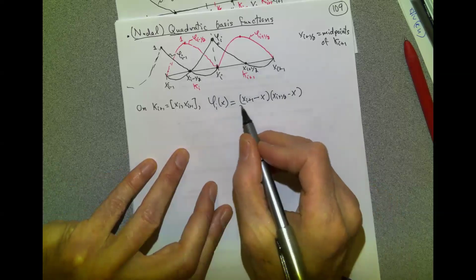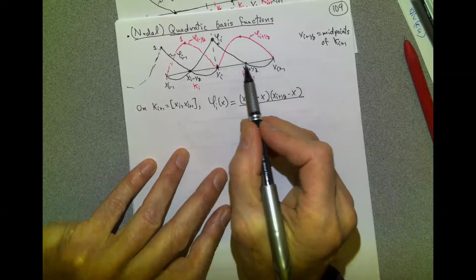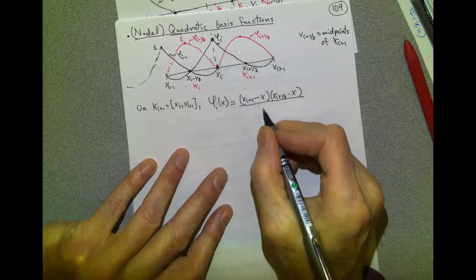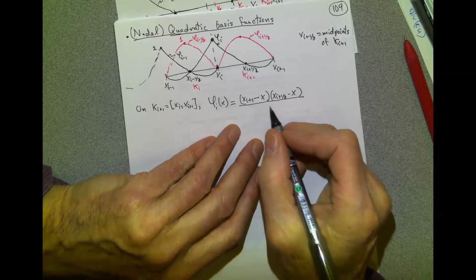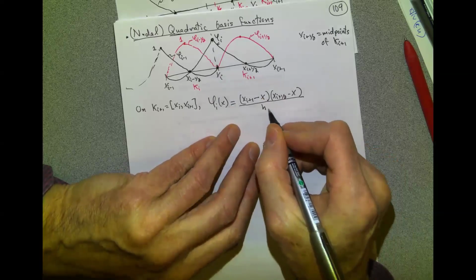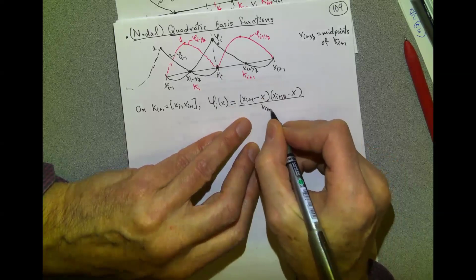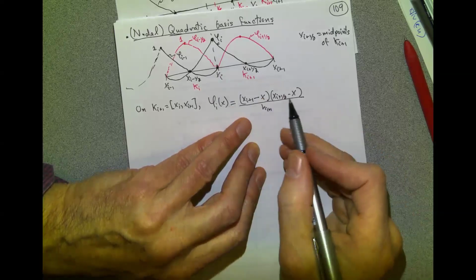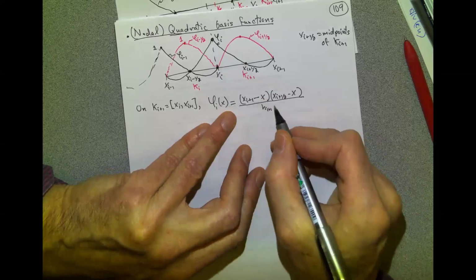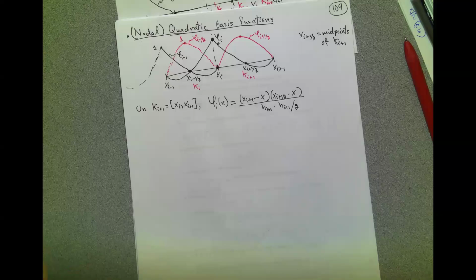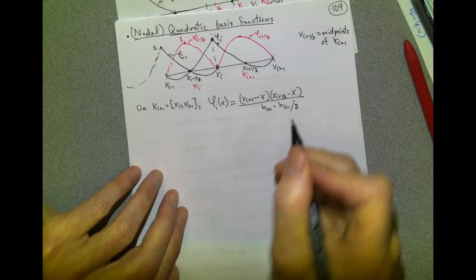Now I need to get this value to be equal to 1, and to do that, you're going to divide by hi plus 1 times hi plus 1 divided by 2. So that's what you would get for your basis function.